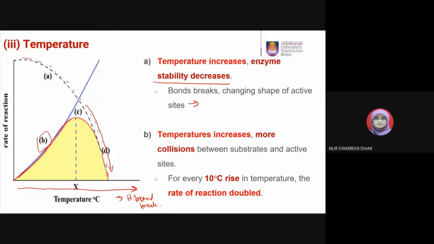For every 10 degrees Celsius rise in temperature, the rate of reaction doubles. We will look at the Q10 later. So for every 10 degrees rise, the rate of reaction will double, will speed up twice.